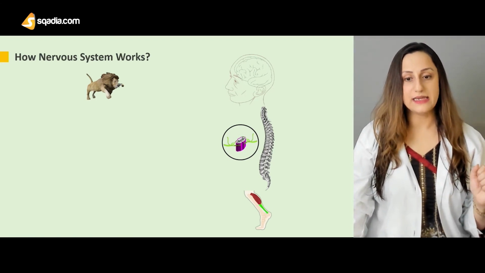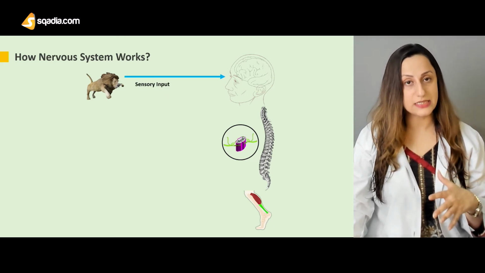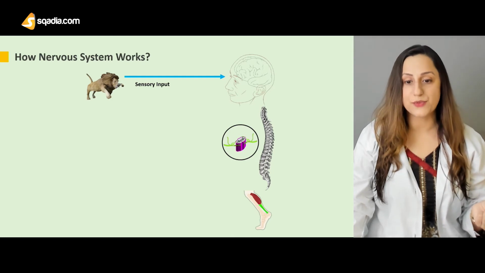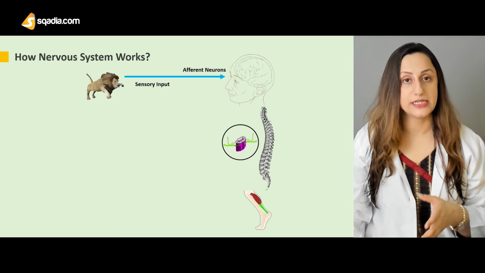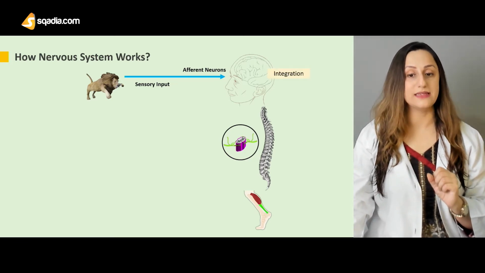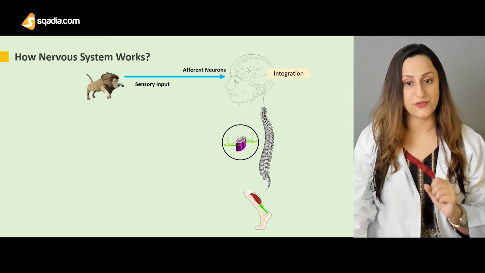And from there on, once the sensory input is integrated inside the higher centers of the brain, the afferent neurons are responsible for taking down these messages, and the integration takes place in the cortical regions of the brain over here.